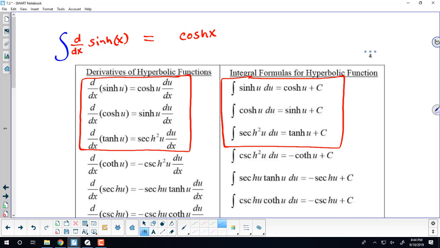So what happens when I take the antiderivative with respect to x on both sides? What's the antiderivative of the derivative? The same function, because they're inverses of each other. So this side simply turns into hyperbolic sine. And there we have an antiderivative formula. The hyperbolic sine is the antiderivative of the hyperbolic cosine with respect to x. Of course, we have our constant of integration, but that's the idea. If you know the derivative, you know the antiderivative.